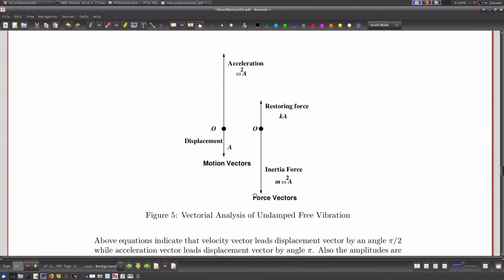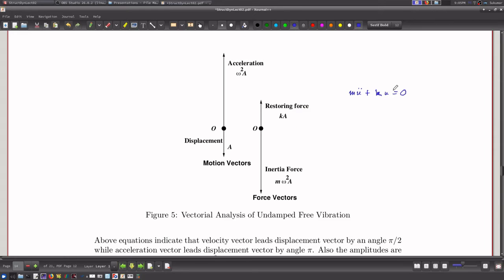For example, suppose I have a single degree of freedom system, an undamped single degree of freedom system. What are my terms involved? I have m u double dot plus k u equal to 0, right?